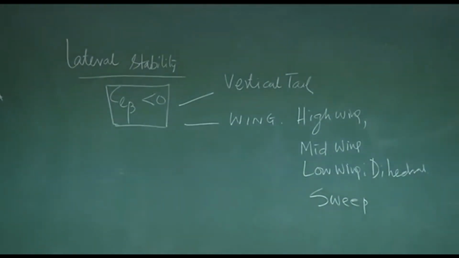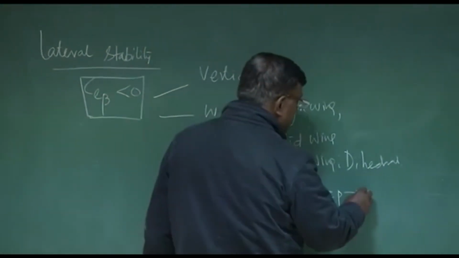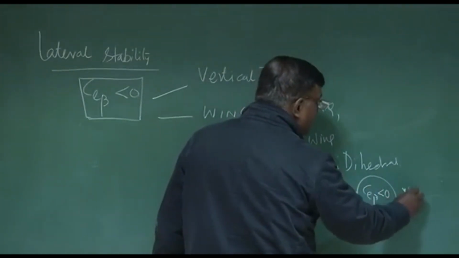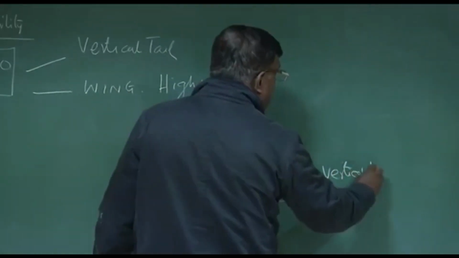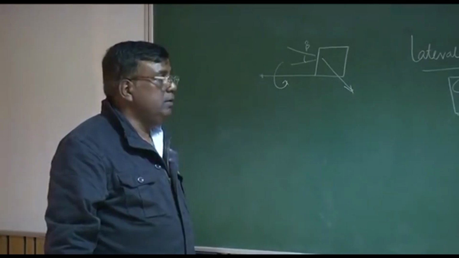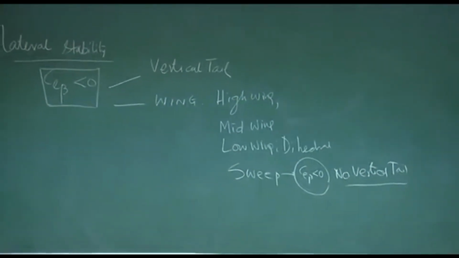Sweep will generate some CL beta negative, because there is no vertical tail. Sweep gives CL beta less than 0, and it is a very important contribution when there is no vertical tail.